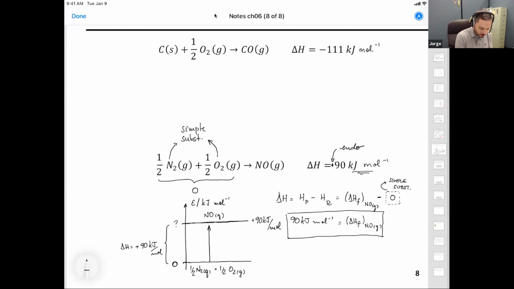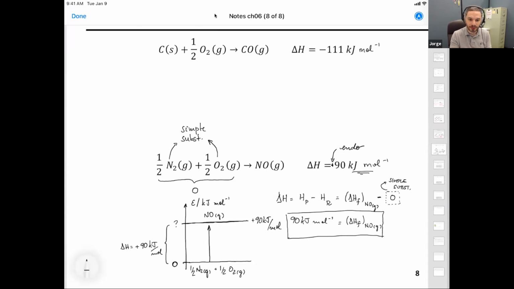So therefore, using the formation reactions, we can determine the energy of any molecule. And that's what I showed you here. We are always going to identify the simple substances because those have energy equal to 0.